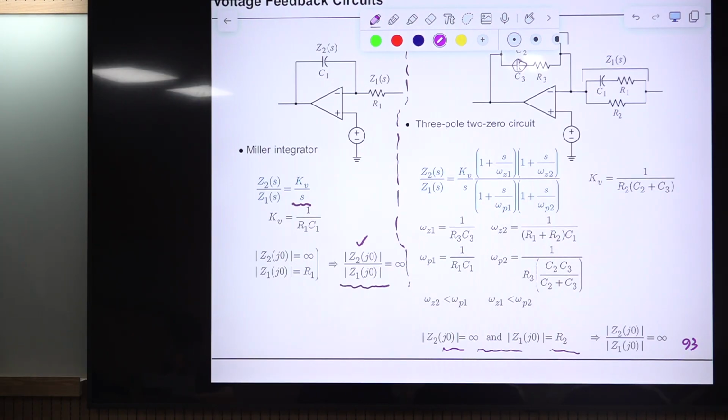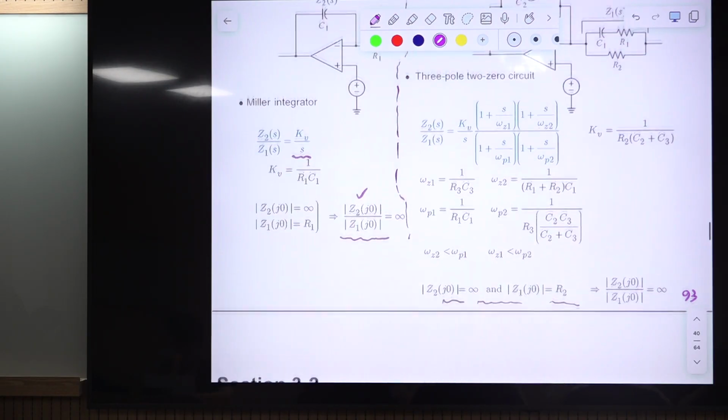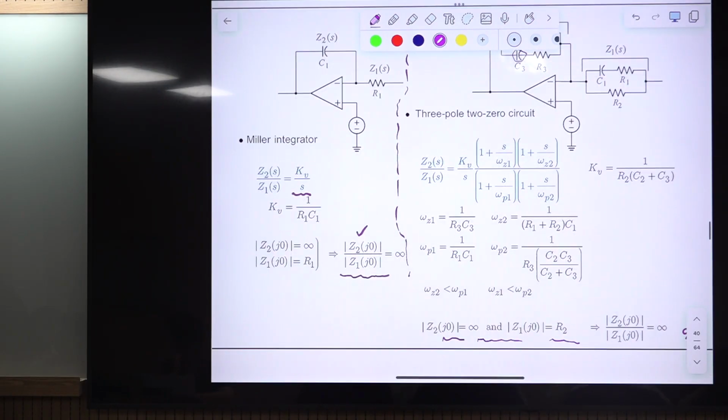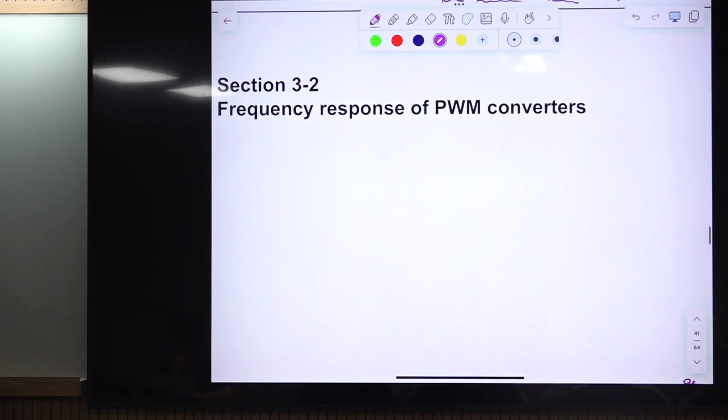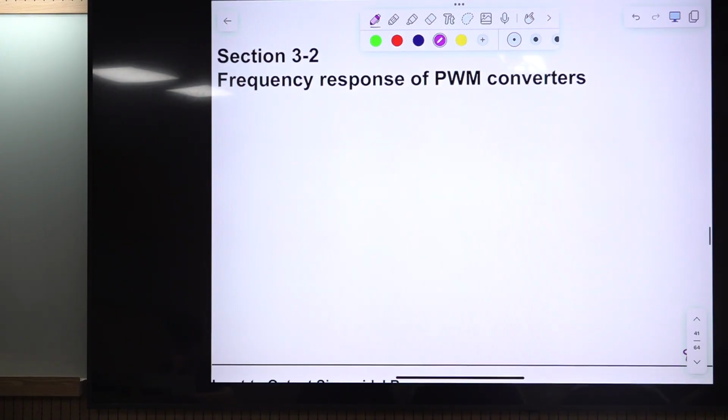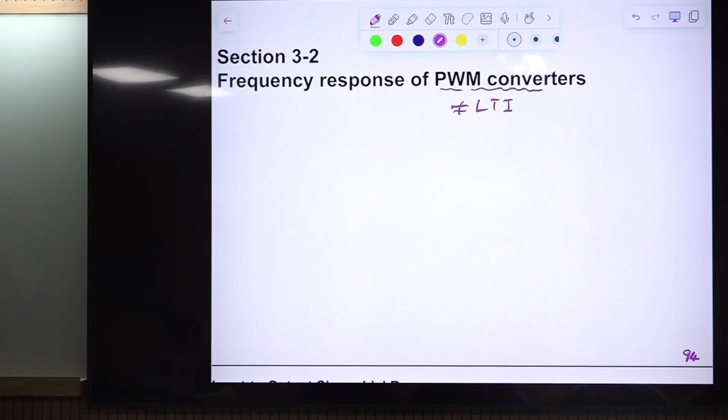So this is the end of the section on the frequency response of dynamic systems. What we have discussed so far is for linear time invariant systems, and from the next lecture we'll be discussing the frequency response of PWM converters, because the PWM converter is not a linear time invariant system.